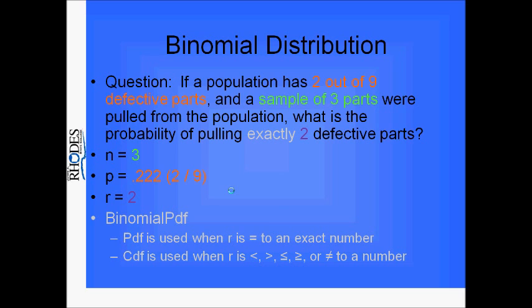I'm going to type in N of 3, my p-value is 2 divided by 9, and my r is 2. So when I hit enter, it should give me 0.1152. If you were trying that at home, you should have 0.1152.